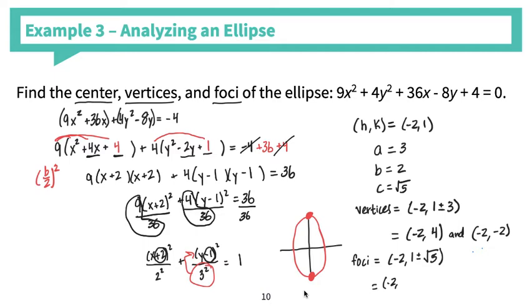And the reason is that I want to keep it exact, right? I could actually plug into the calculator 1 plus radical 5, and I would get some decimal. But remember, we always want to be exact. Because 1 and radical 5 are not like terms, because 1 is an integer and radical 5 is a radical, they can't be added, right? So I can only write it as 1 plus radical 5.